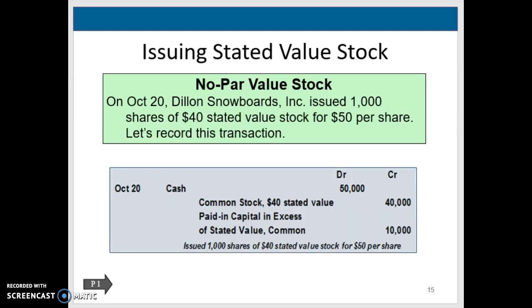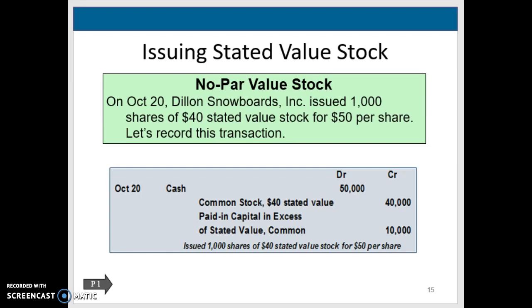All right, if it's stated value, then we have this example, and it says Dillon Snowboards issued 1,000 shares of $40 stated value stock, but they issued it for $50 per share. To record it, again, we're debiting cash for that $50,000, which comes from the price they're selling it for, $50 times 1,000 shares.